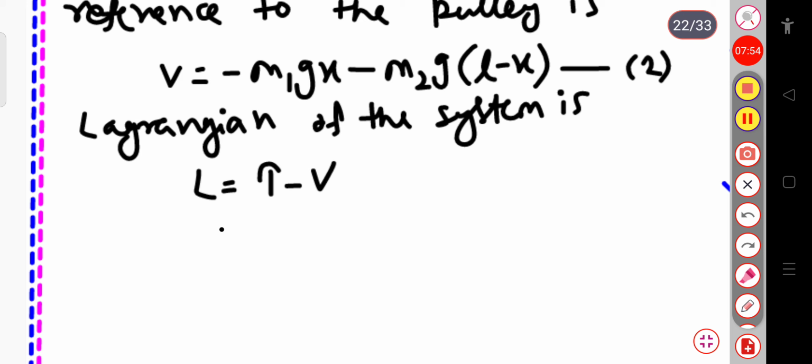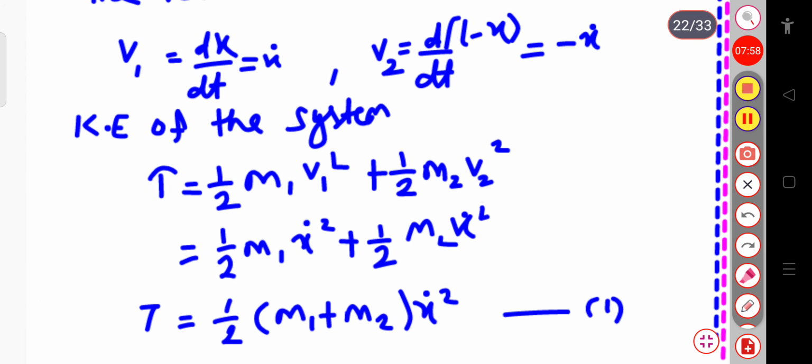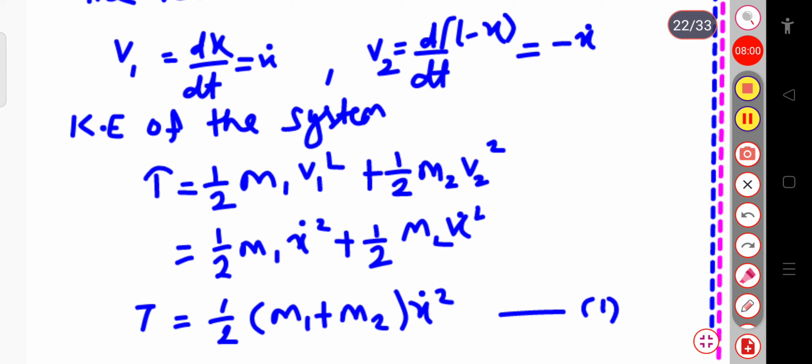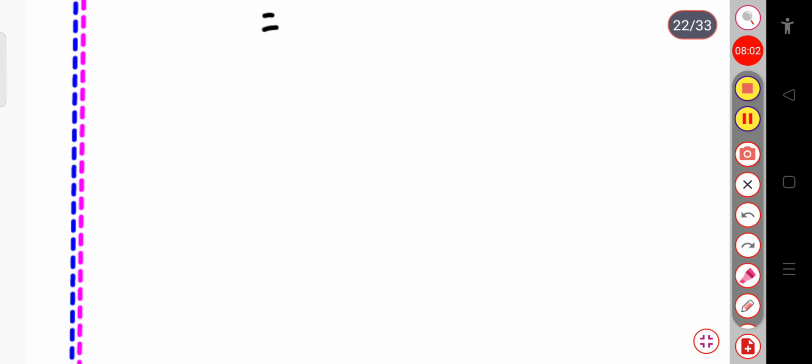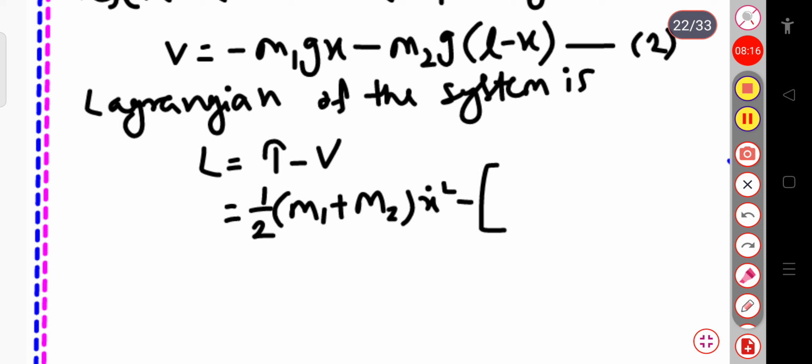You know the kinetic energy from equation 1, this is 1 by 2 (m1 plus m2) x dot square. So let me write it here. The kinetic energy will be equal to 1 by 2 (m1 plus m2) into x dot square, minus the potential energy from equation 2, which is minus m1 gx minus m2 g into (L minus x).